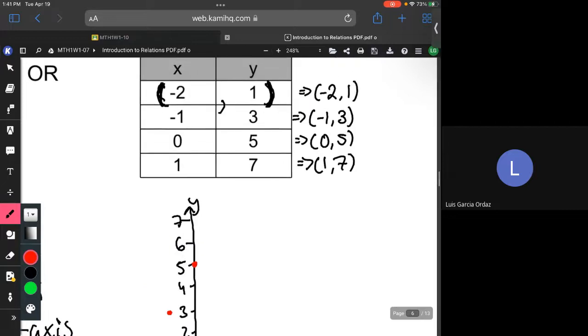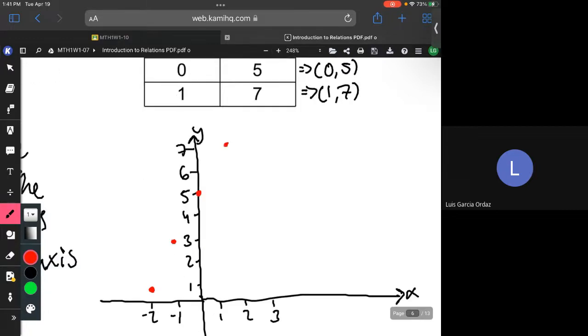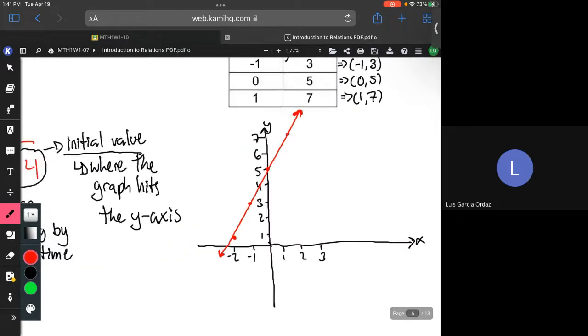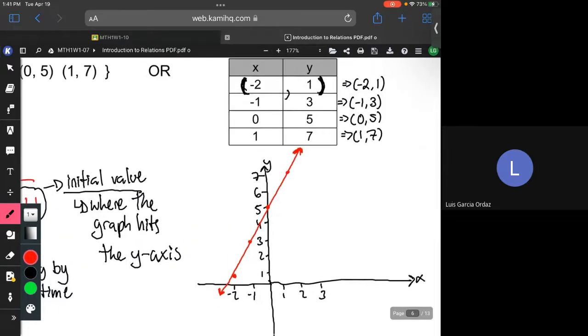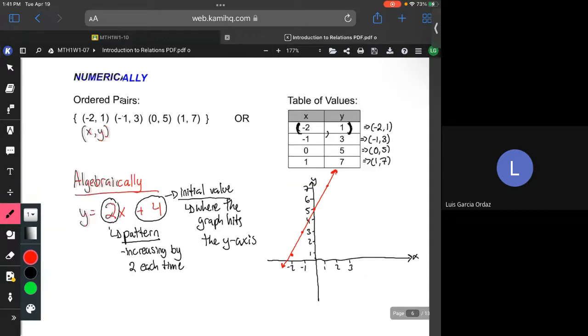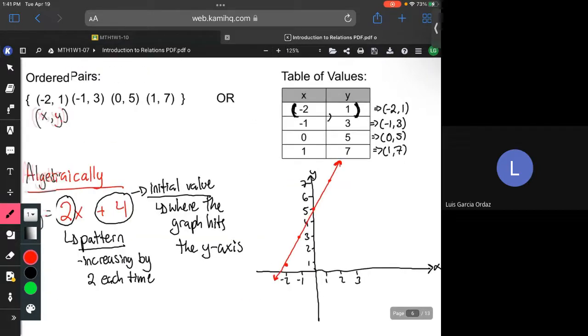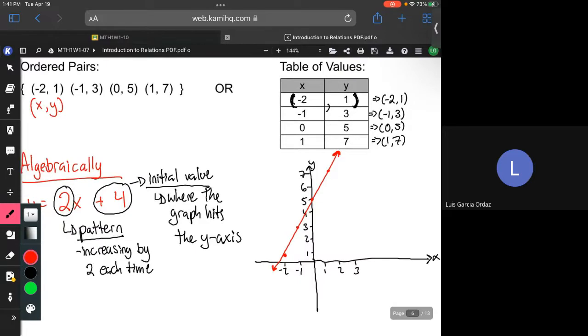And my next one is going to be 1 and 7. So this is what my linear relation is going to look like. Any questions so far? So this is graphically.